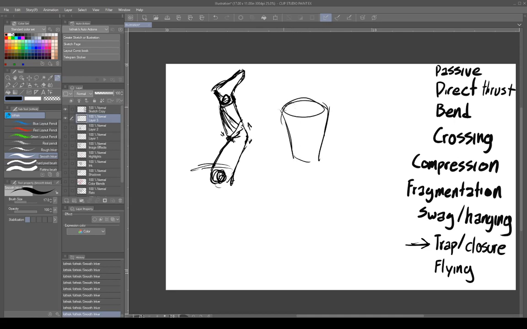Say again we're designing a figure wearing clothes, and we have this draping toga thing off one shoulder maybe, and then on the other we've got it going out here. So this is what I'm talking about with closure wrinkles.